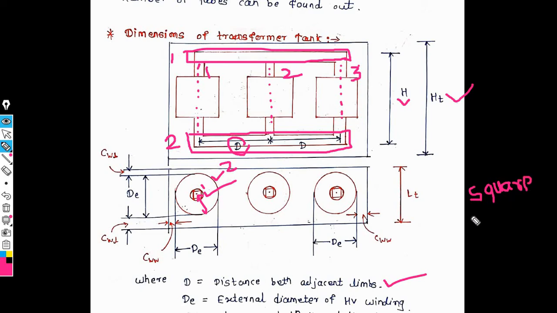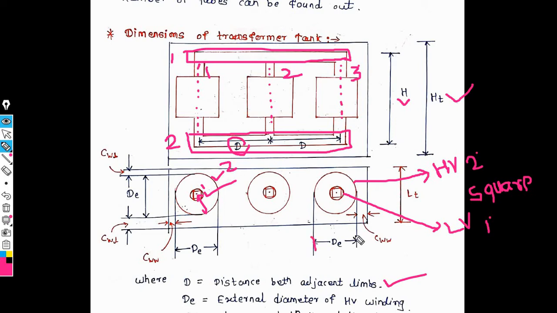Then the outer circle indicates HV winding, and the small circle indicates LV winding. LV means primary winding, and HV means secondary winding.